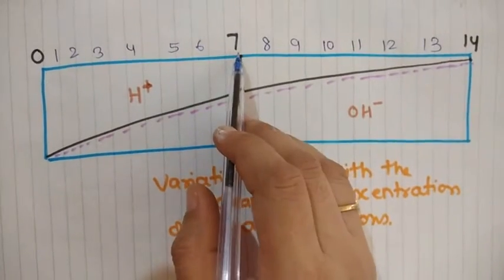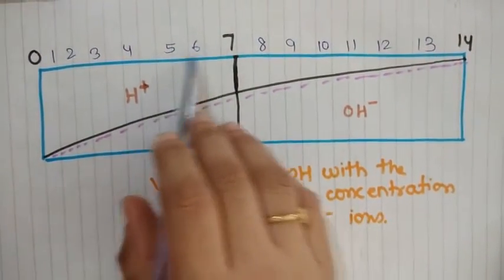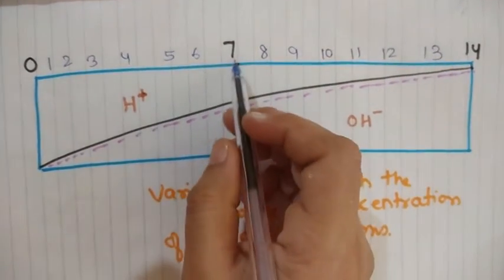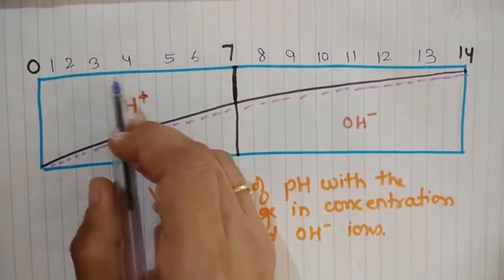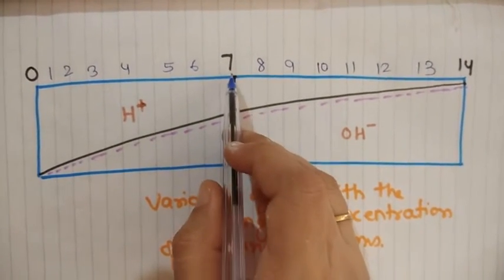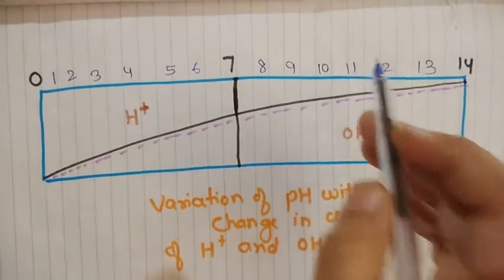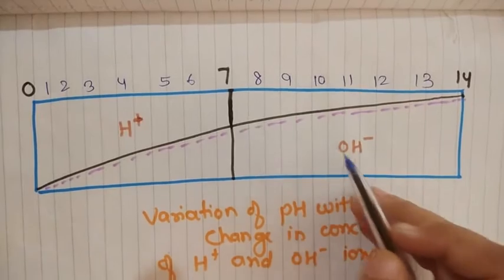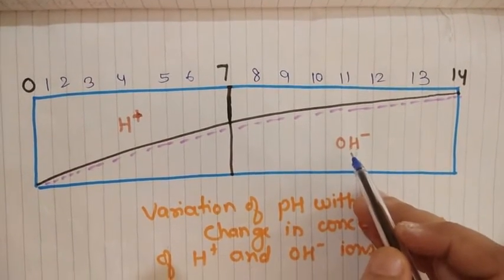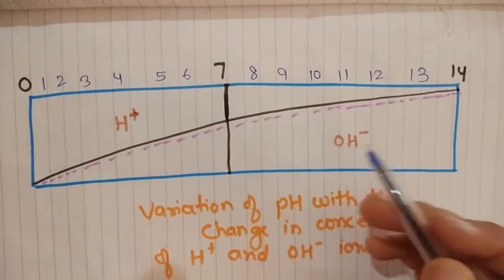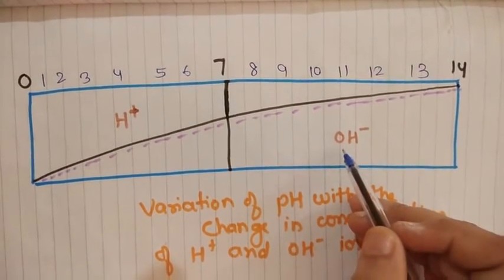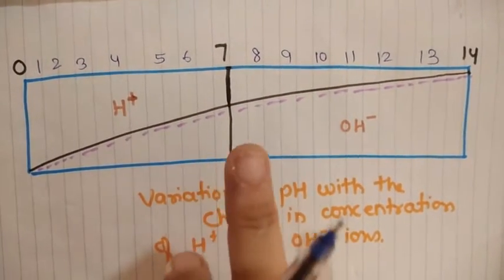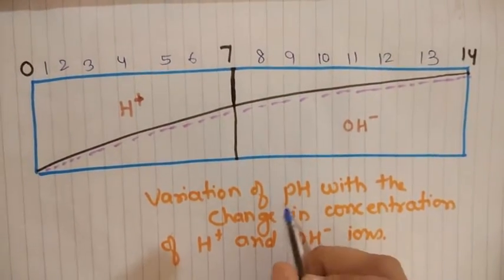We know that below the value of 7 we will get acids, because the hydrogen ion concentration is more before the 7. But if we check the values after 7, you can see that the hydrogen ion concentration is very less, while the hydroxyl ion concentration is getting more. That means you will get more hydroxyl ions when dissolved in water. So this graph will help you in understanding the variation of pH value.